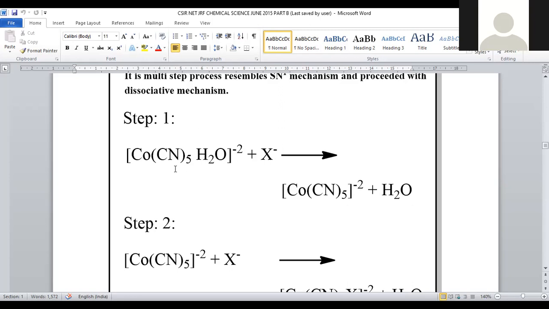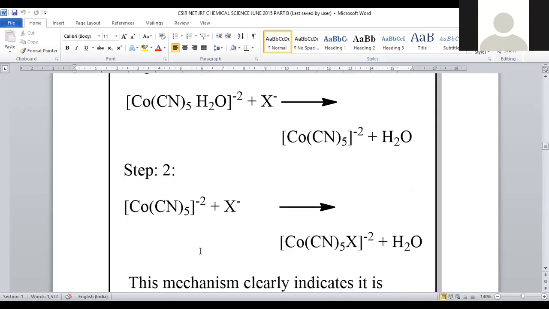Initially, the ligand present in the sphere will be dissociated, and being a 6 coordinated compound, it will be converted into a 5 coordinated compound. This is the step called a dissociative mechanism, where the rate of the reaction depends directly on it, right? Later, this 5 coordinated cobalt complex is treated with the nucleophile and the nucleophile substituted product will be generated.